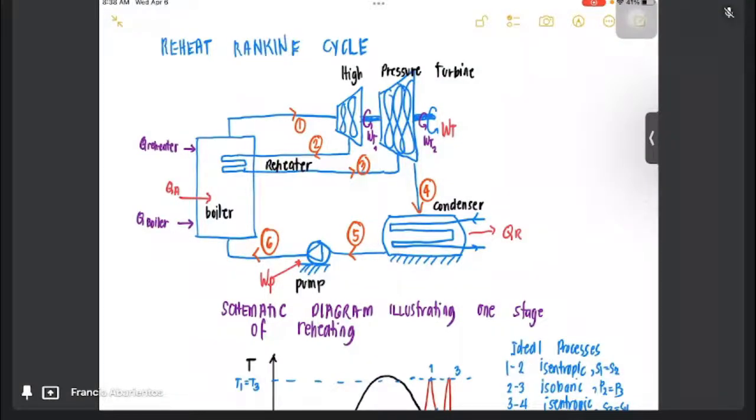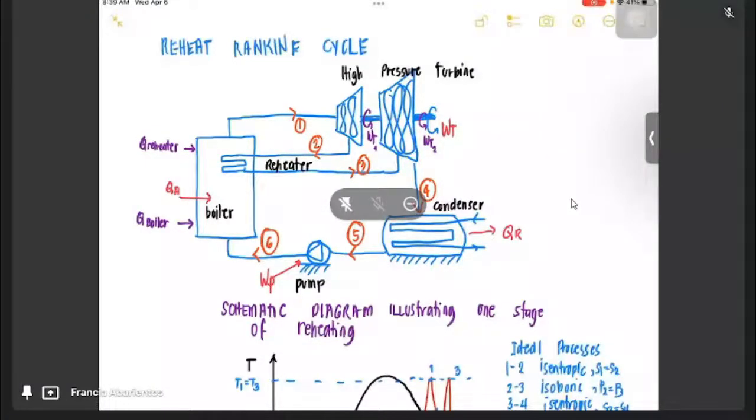So today I will discuss the second process of vapor power cycle. Ito yung pangalawa, we can move on to the reheat Rankine cycle. Balikan lang natin in Rankine cycle.